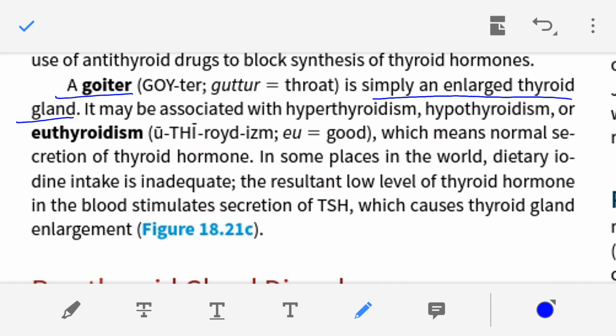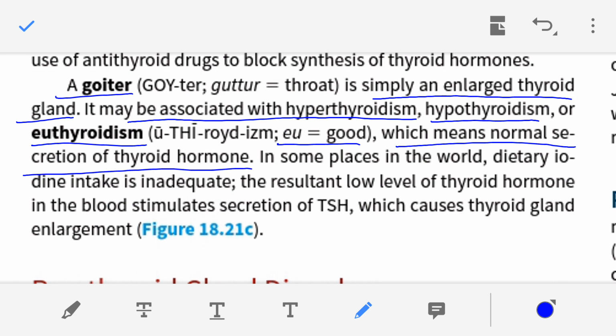And goiter may be associated with hyperthyroidism, hypothyroidism, or euthyroidism. Eu means good, and euthyroidism means normal secretion of thyroid hormone.